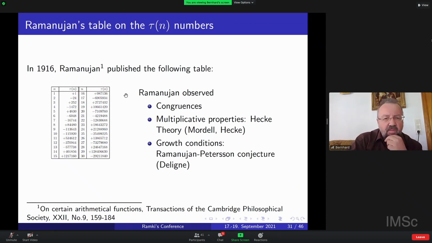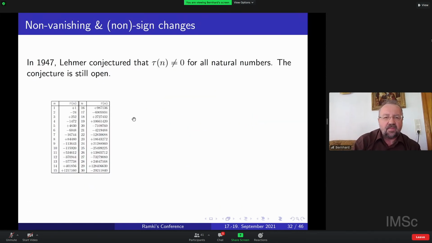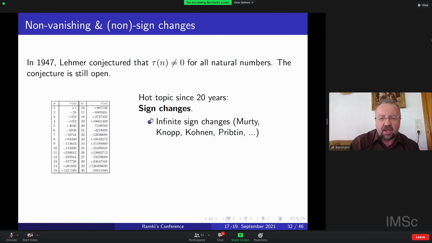But what was not mentioned until now, or at least not directly, is how you can interpret the sign change of these coefficients. And there's much activity in general on the sign change of these coefficients, and several people in the audience worked on that and still produce and publish very nice results.